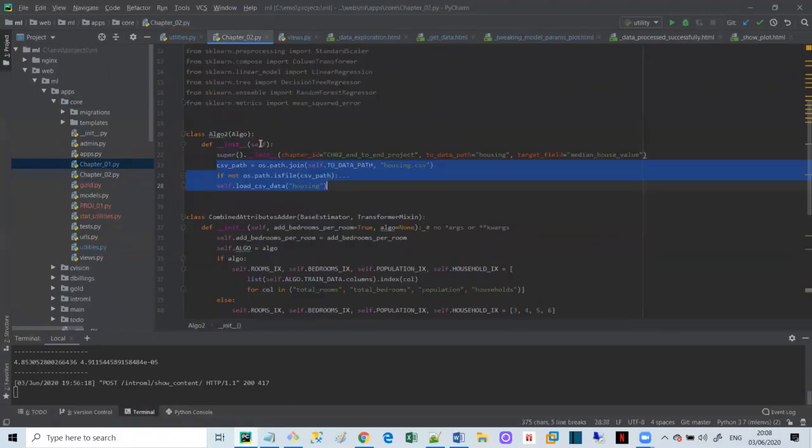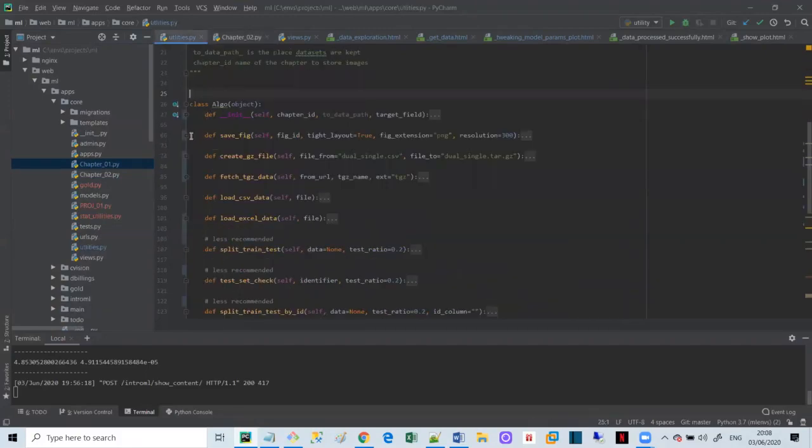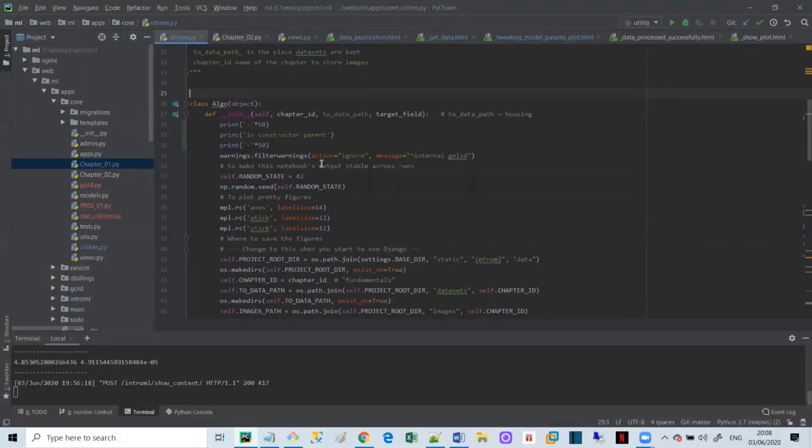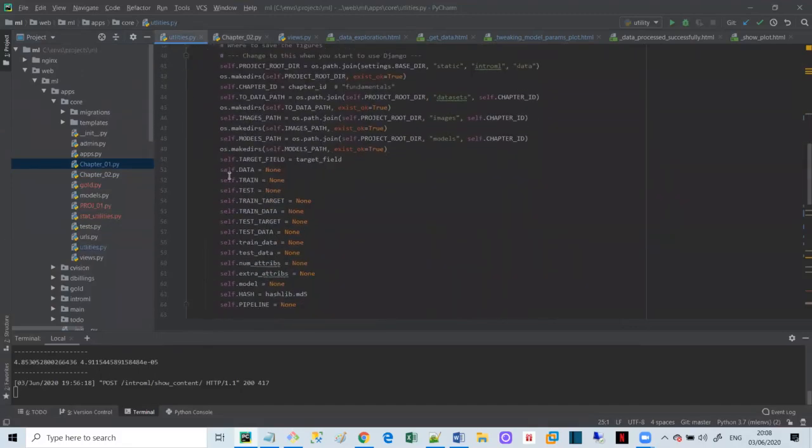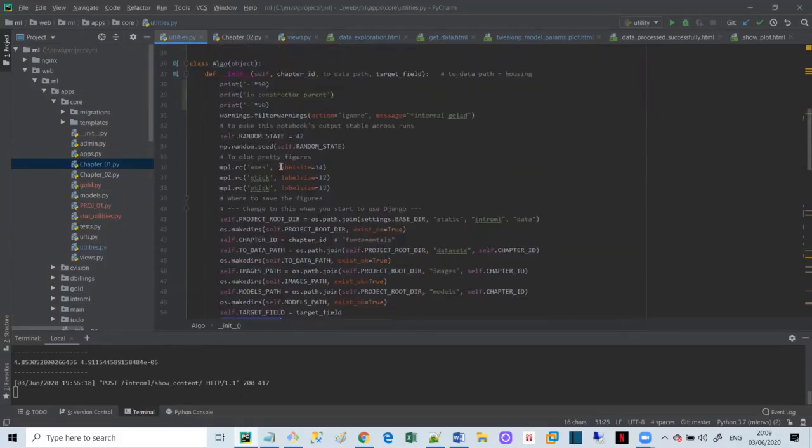I prepare the data, and my data is ready. What does that mean? That means this object will hold the data in a variable called data. That's it. After that works, I don't really care how we did it.